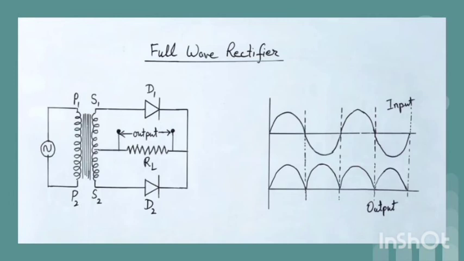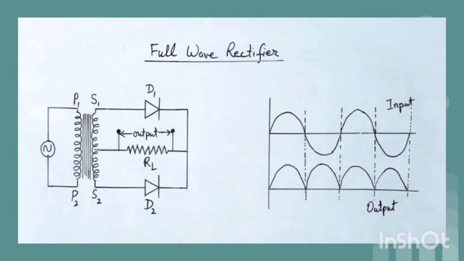During a half cycle of the input signal, when the first diode D1 is forward biased and the second diode D2 is reverse biased, the forward current flows through the load due to flow of majority charge carriers of the first diode. During the next half cycle of the input, the first diode D1 is reverse biased and the second diode D2 is forward biased.